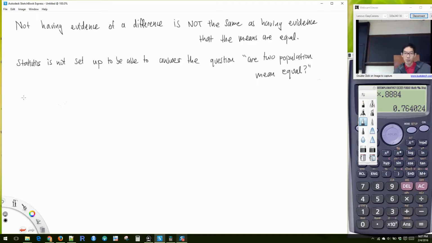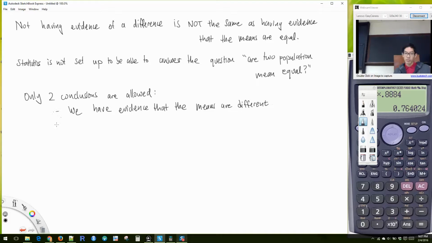Okay, so only two conclusions are allowed. You cannot say this means the means are the same.